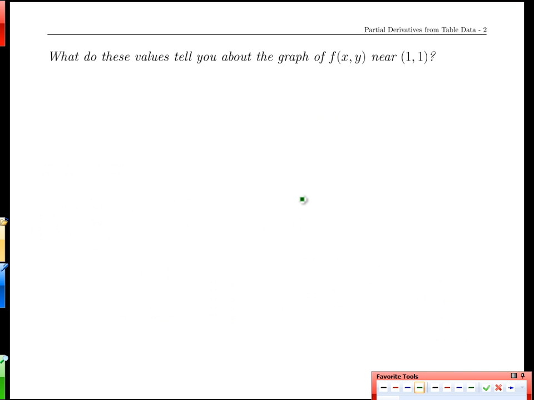The last thing we might want to interpret here is going back to the graph. Well, we found out that the x derivative was negative 14, so f decreases as x increases, and this would be near the point 1, 1. That's probably true in a region around it.